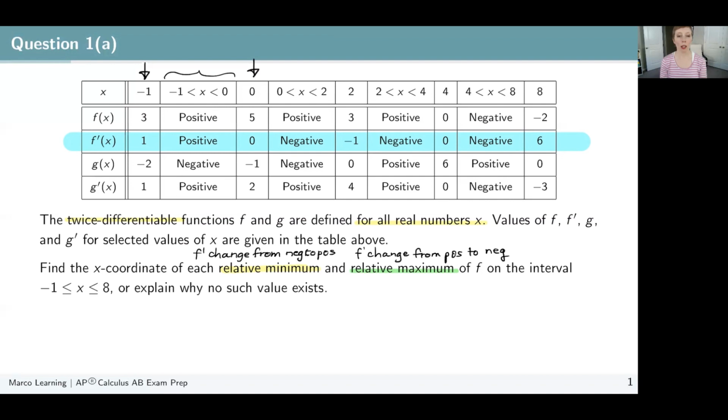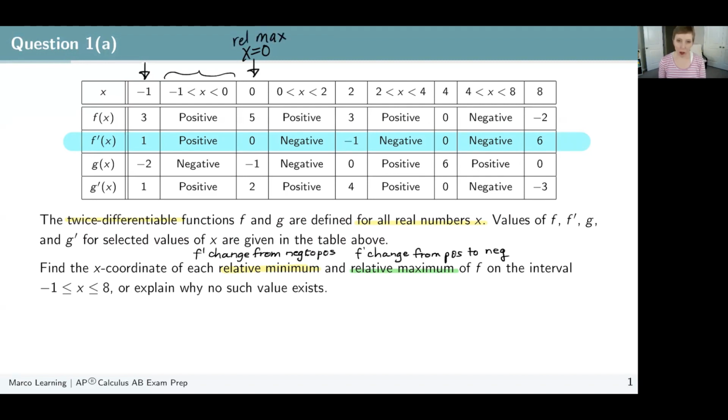And then we can see at 0, something is changing, because now after 0, until we hit x equals 2, all of those f prime values are negative. So f prime did change sign at x equals 0, but it didn't change from negative to positive. So that's not a relative minimum, that's a relative maximum. So x equals 0 is going to be a relative max.